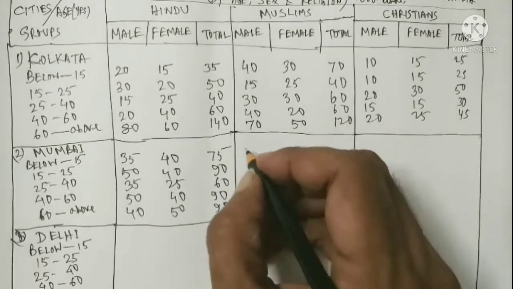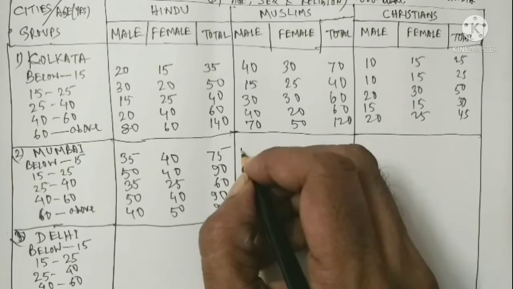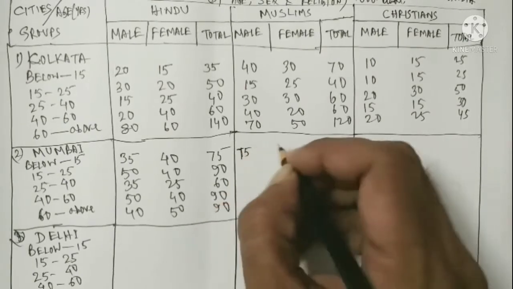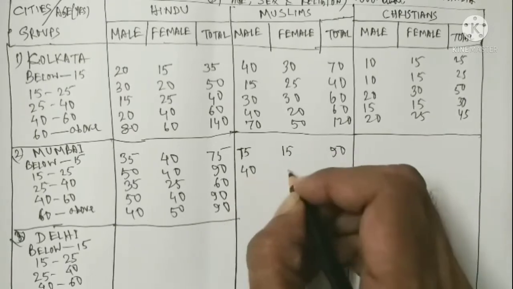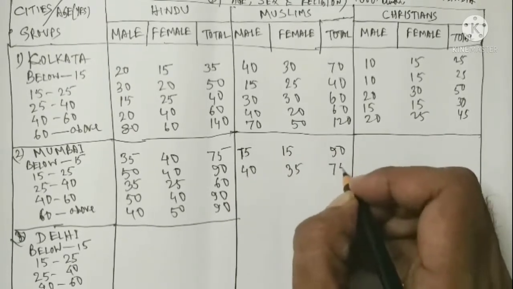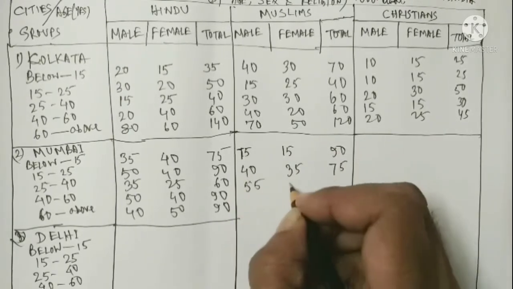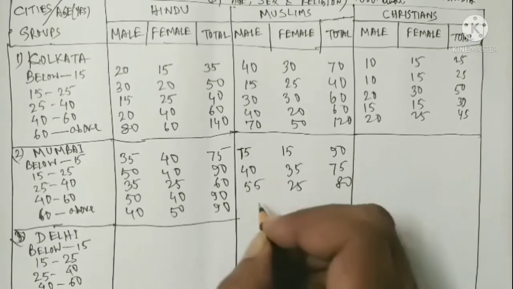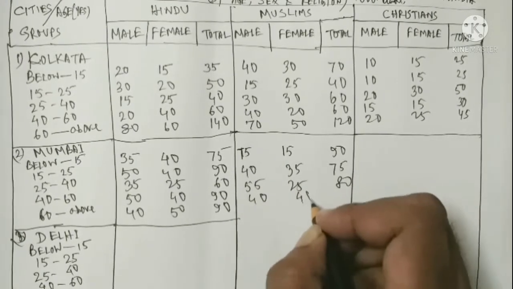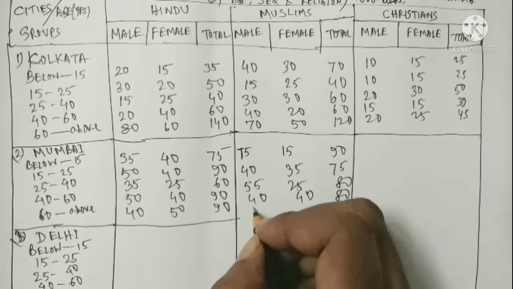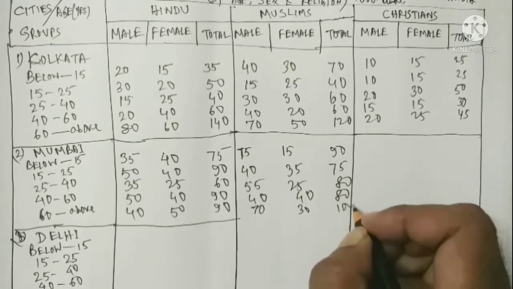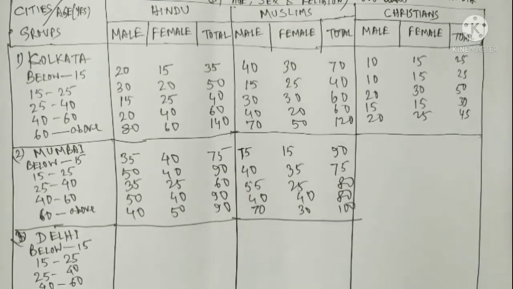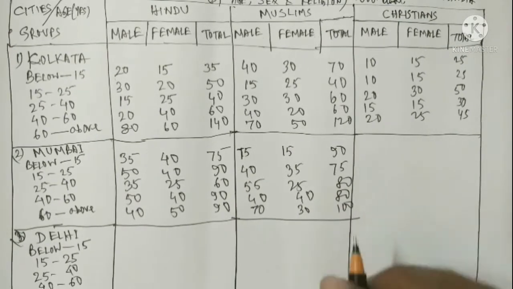Similarly for here 75, 15, 90, 40, 35, 75, 55, 25, 80, 40, 40, 80 and 70, 30, 100. This is for Mumbai Muslims.